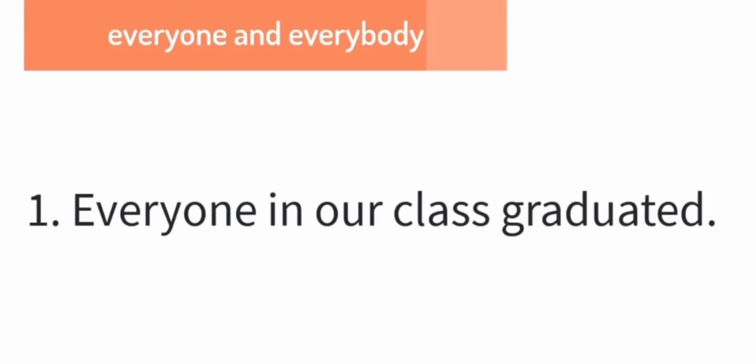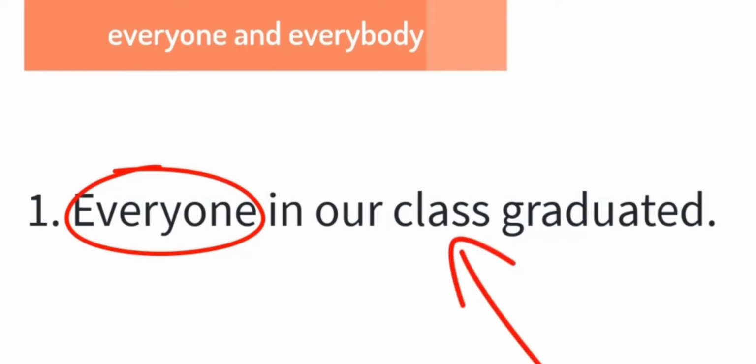First, everyone in our class graduated. Here, everyone refers to all the students in that particular class. As I've said, everyone and everybody refer to all people related to a situation or a group. Therefore, the group that we are talking about in this situation is the class.